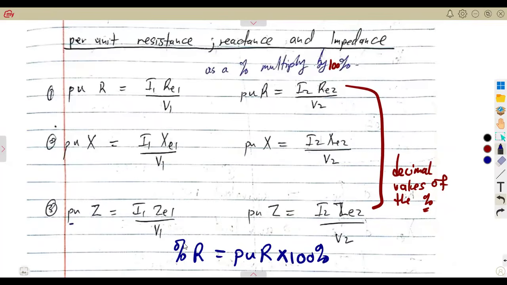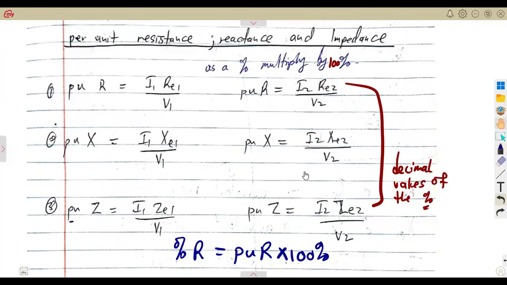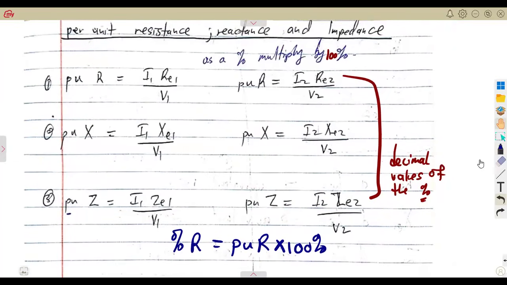It is now percentage resistance from per unit resistance. For a percentage impedance, it must be taken from a per unit impedance. We multiply that by 100%. The opposite is true. To obtain per unit impedance, you divide the percentage impedance by 100%.